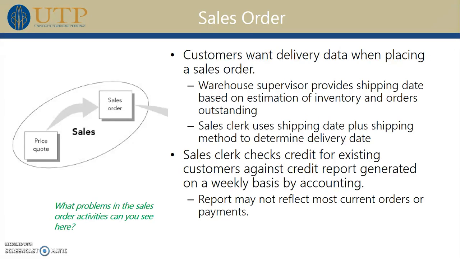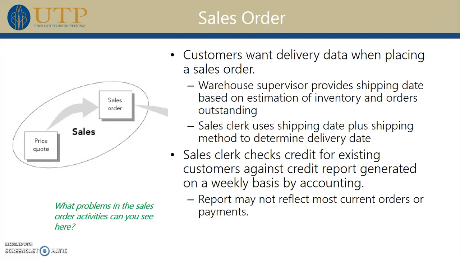Customers want delivery dates when placing a sales order. Whenever the customer makes an order with the salesperson, the question the customer would ask is, when can my products be delivered? In this case, the salesperson needs to contact the warehouse supervisor so that the salesperson can get shipping dates based on estimation of inventory and orders outstanding. Currently, the salesperson does not have this information, but needs it to estimate when the product can be delivered.